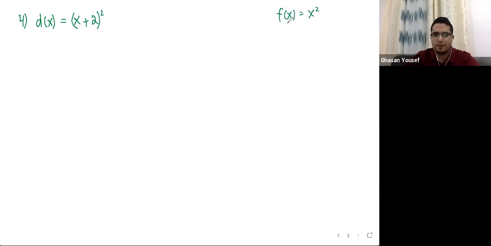Now I have to plug something inside the original function to make it exactly the same as the function d of x equal x plus 2 squared. So what should I plug in instead of x to make f of x exactly similar to d of x?